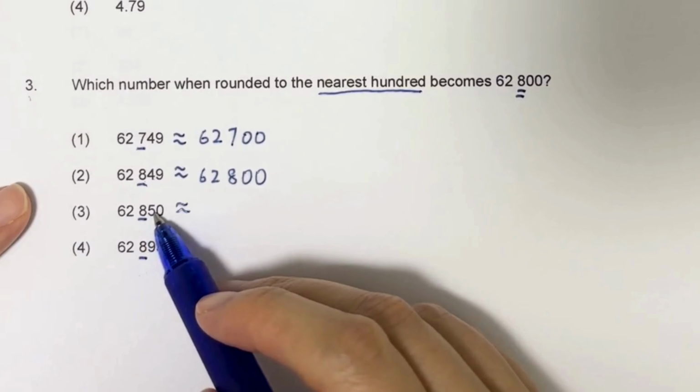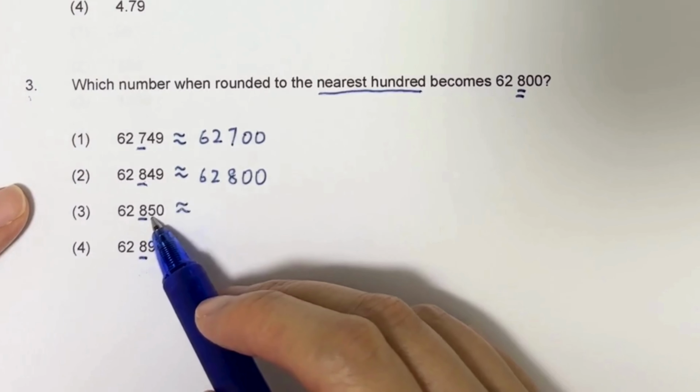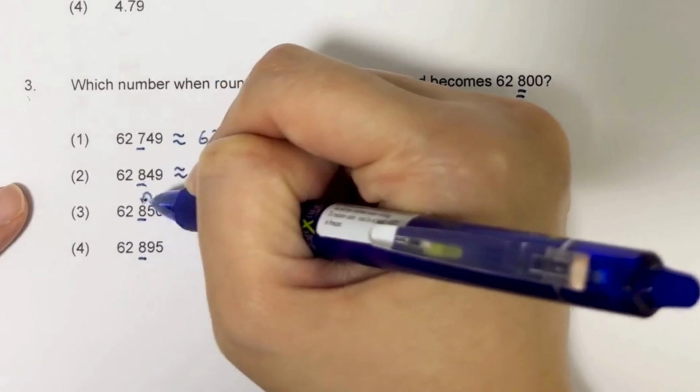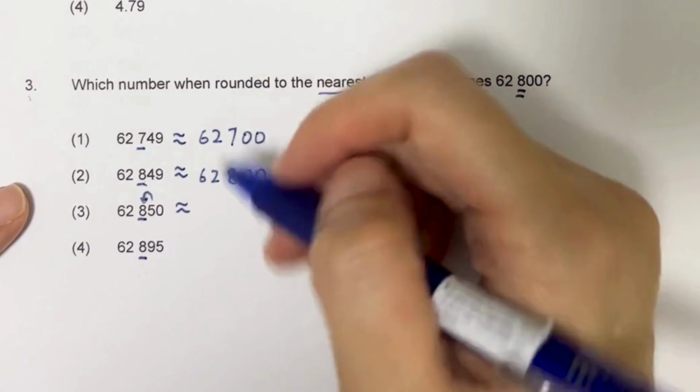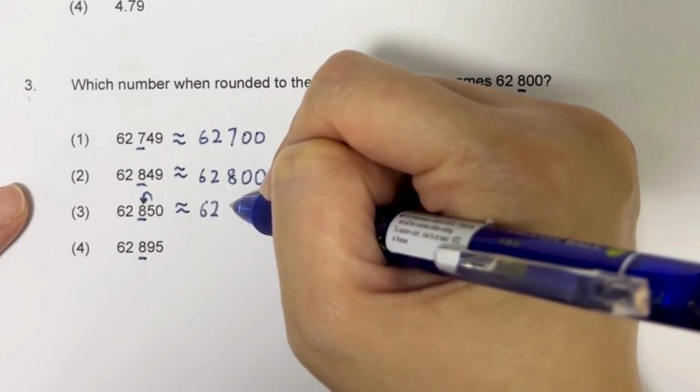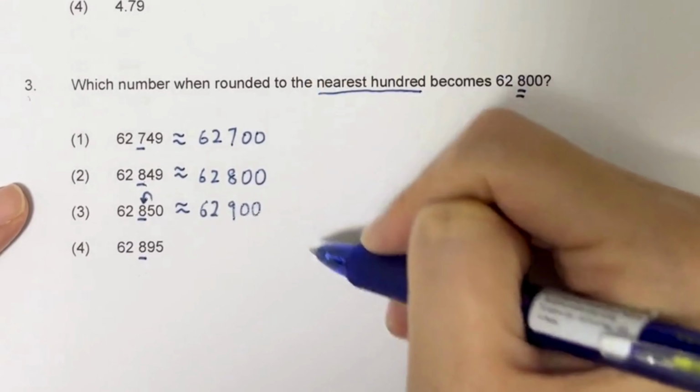Now when the digit at the tens place is 5, we need to round up. So it will be rounded to 62,900.